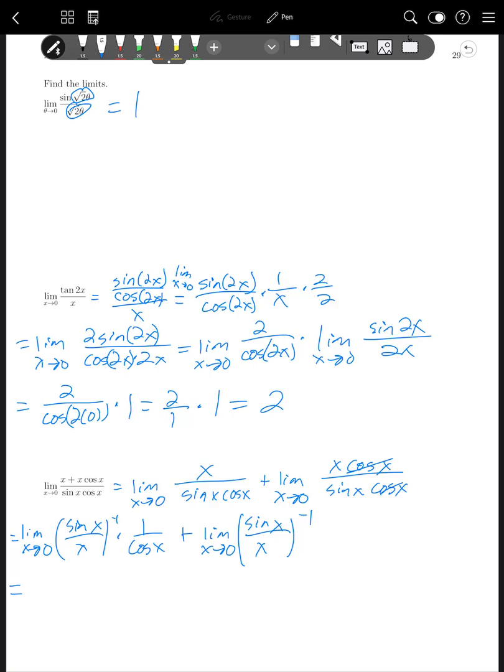And now use the theorem and plug in 0 into cosine. So this would be 1 to the negative first times 1 over cosine of 0 plus 1 to the negative first. So that ends up being 1 times 1 plus 1, which is 2.